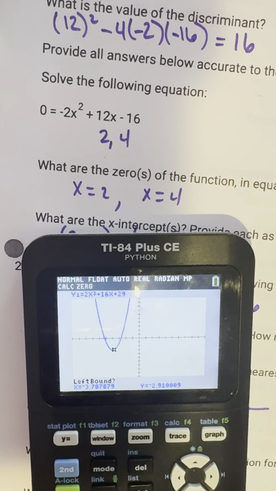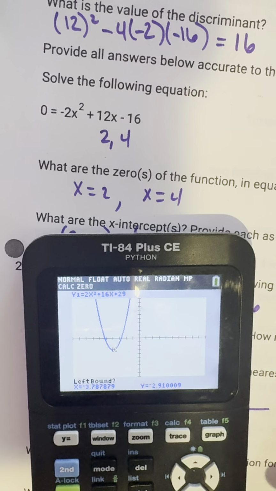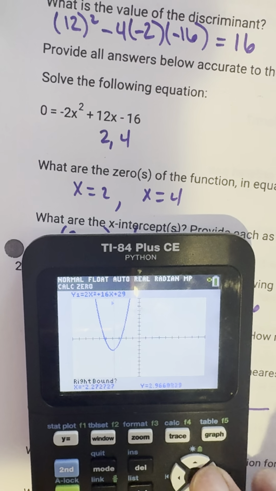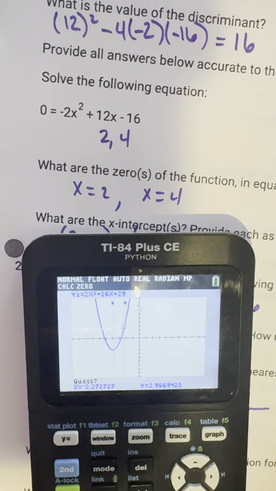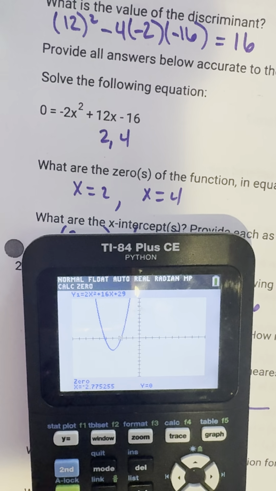And so you need to be anywhere to the left of it, so past the other x-intercept, and then go anywhere above it to go to the right side, and then press enter one more time. So negative 2.7 what? What's the 5 going to do to the 7? Stay the same or go up? Go up. So negative 2.78. Those are my 2 solutions.